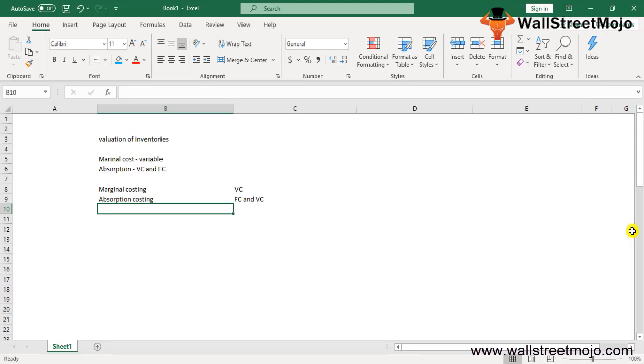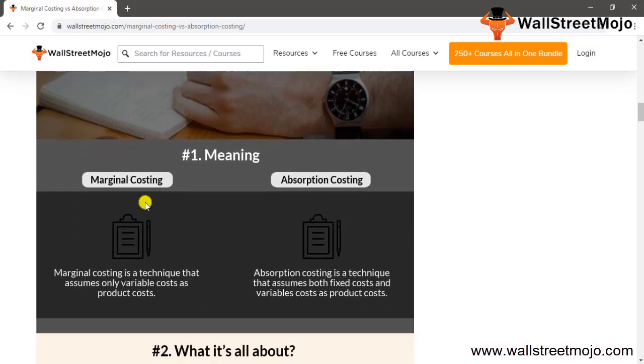So let's understand marginal costing versus absorption costing. Marginal costing is a technique that assumes only the variable costs as a product cost. It considers only the VC as a product cost. But absorption costing is a technique that assumes both fixed and variable cost are a part of the product cost.